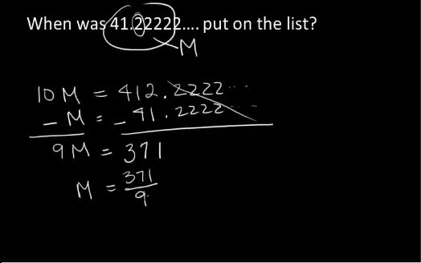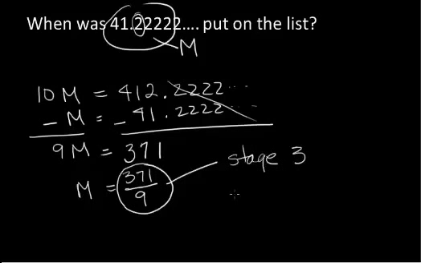Now the only prime that goes into 9 is 3, and 3 does not divide 371, so this number is reduced. It's greater than 1. It's not proper, so we know it went in stage 3, and it went in right after the number 9 over 371.